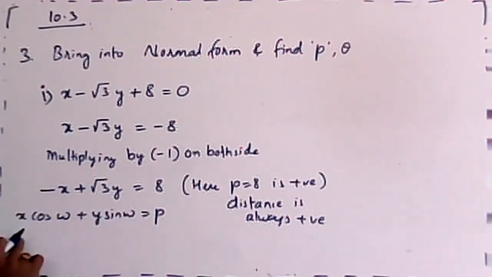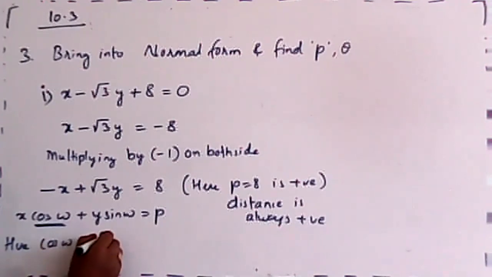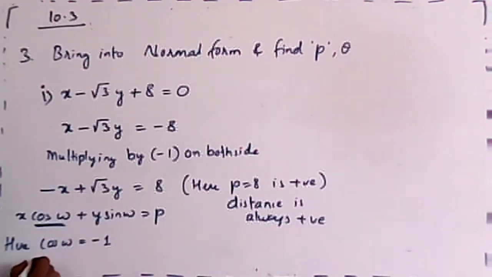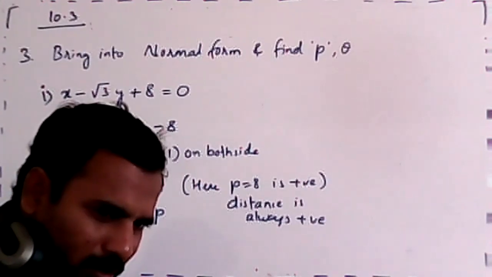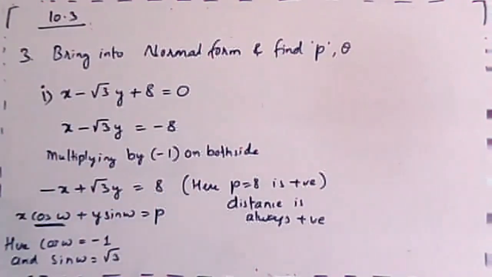Then x is equal to x only, but cos omega is equal to minus 1 and sin omega is equal to root 3, correct? Understanding? See anything wrong in that? No, we are not getting it in the proper way.